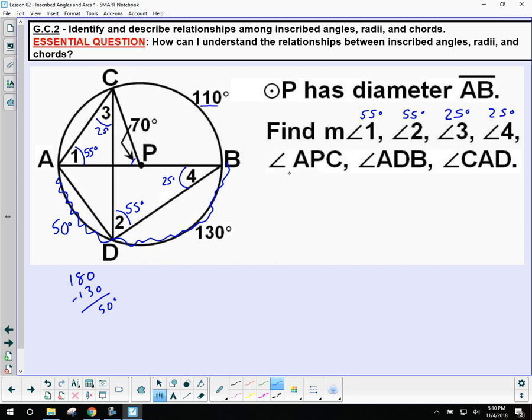ADB. Let's see. ADB. Its intercepted arc here is a semicircle, which means ADB should be 90 degrees. And then CAD. And look, it's intercepting this whole arc. I'll make it red. Its intercepted arc is all of this.